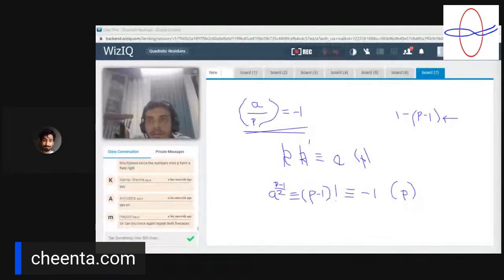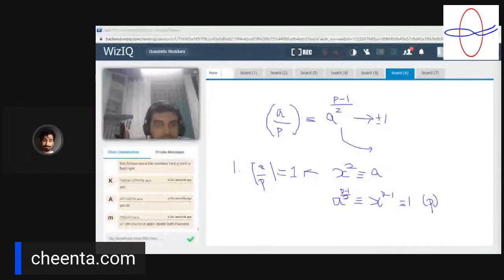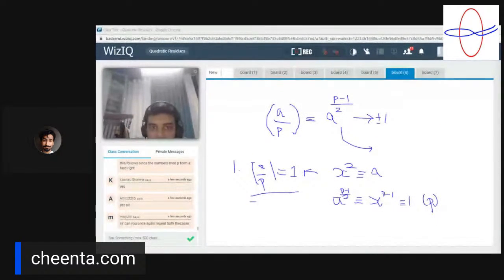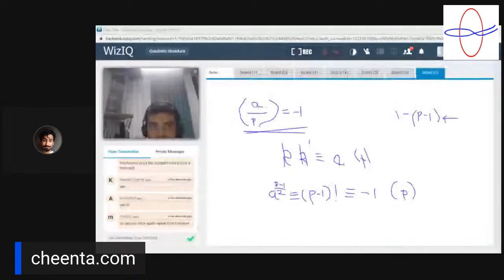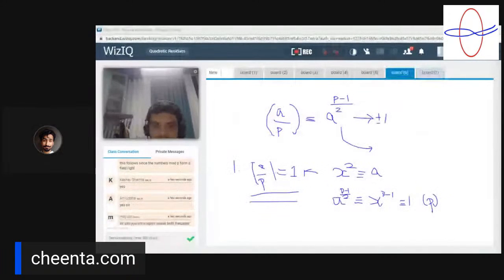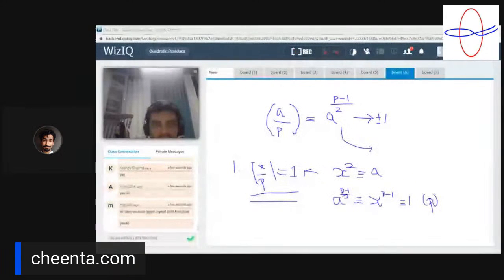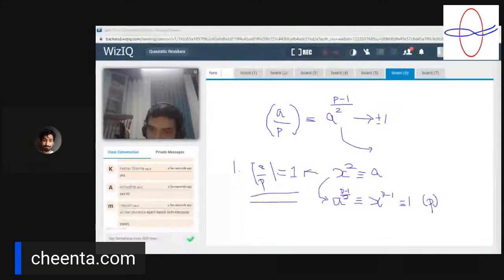So we have two cases here. One is where A is a quadratic residue, and the other where A is not a quadratic residue. If A is a quadratic residue, then it's pretty direct: you have some value of x for which this is satisfied, and if you plug that value of x back into a raised to (p minus 1)/2, you get x raised to p minus 1, which has to be congruent to 1 due to Fermat's little theorem.